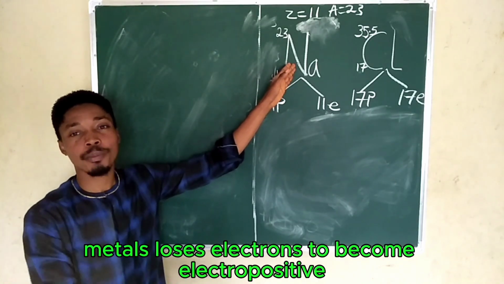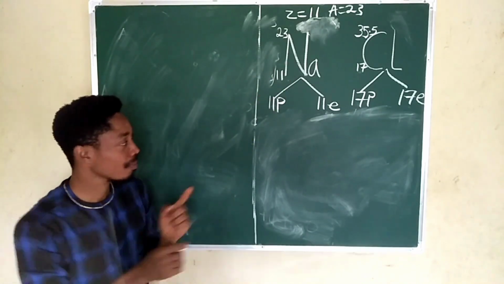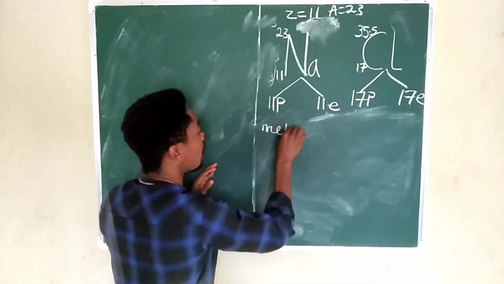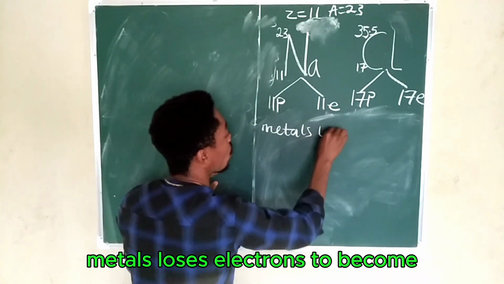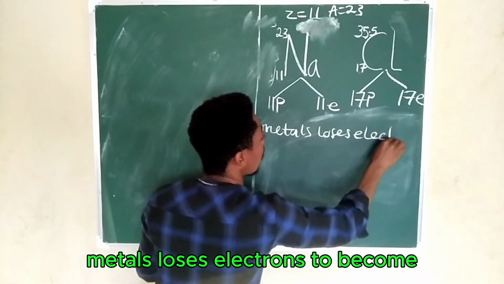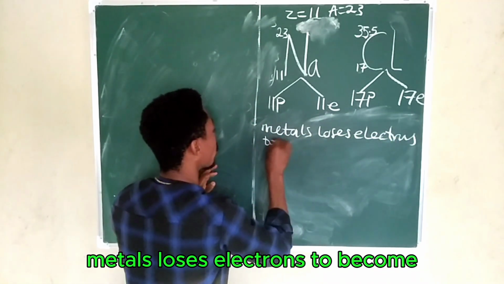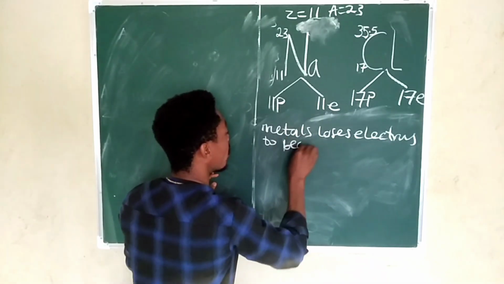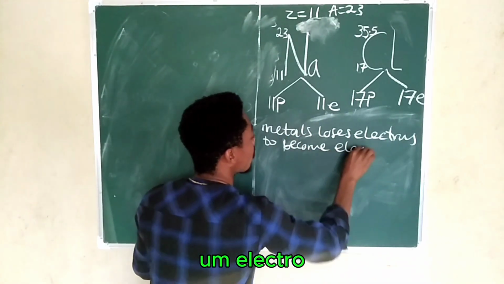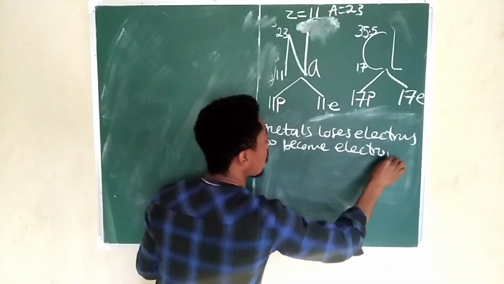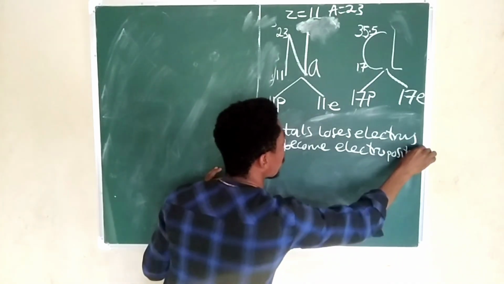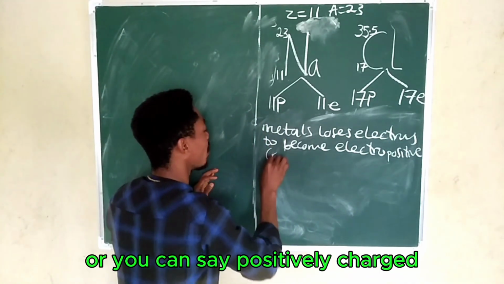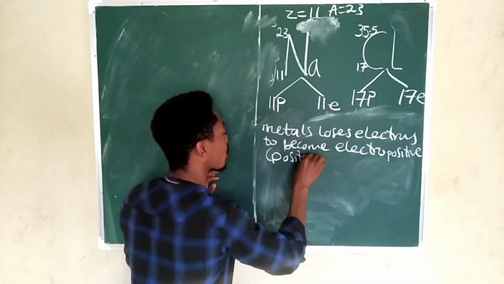Metals lose electrons to become electropositive, or you can say positively charged.